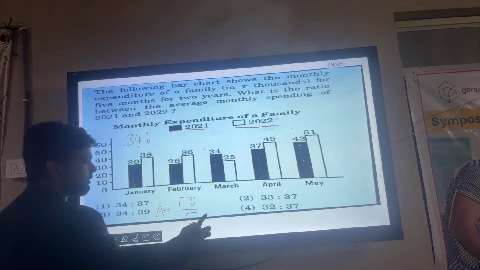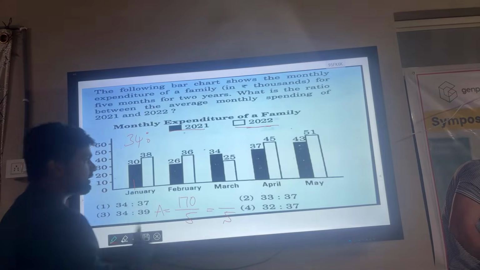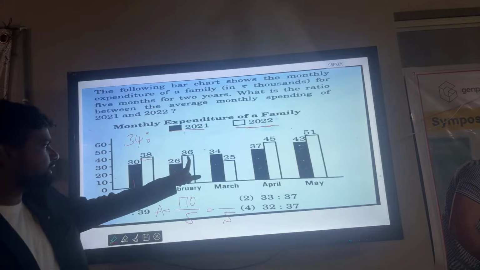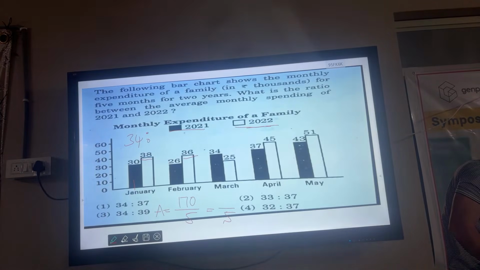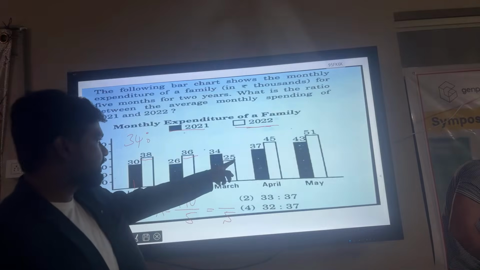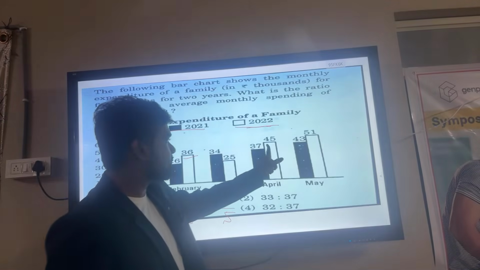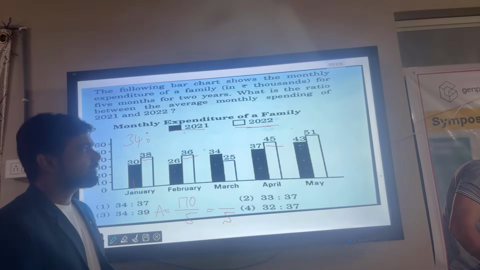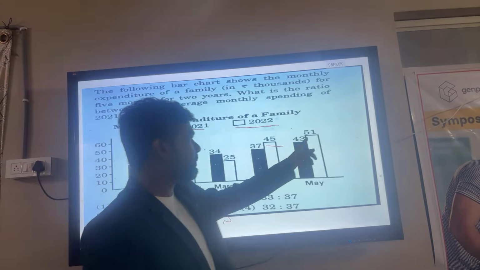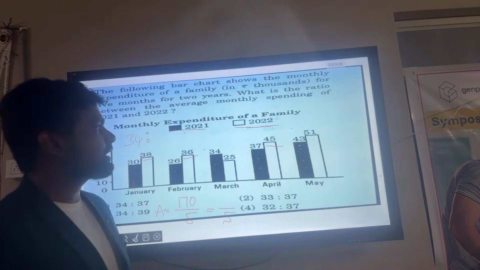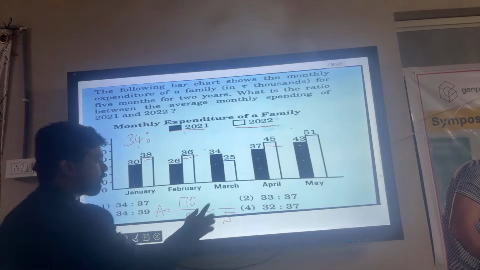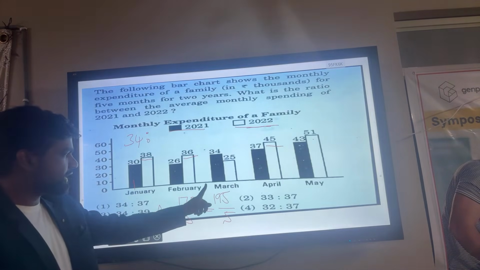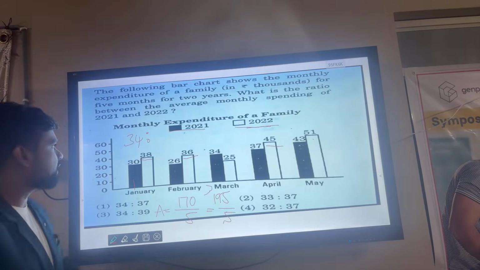Now I will focus on the 2022 average. The number of elements is obviously 5 only, but the sum is different. Let's add 2022: 38 plus 36 is 74, 74 plus 45 is 119... 144 plus 51 is 195. 195 by 5: 5 3s are 15, 5 9s are 45.